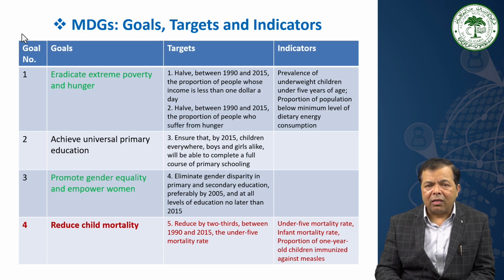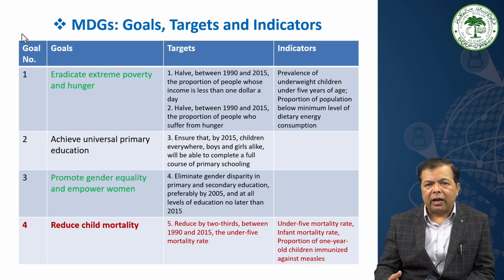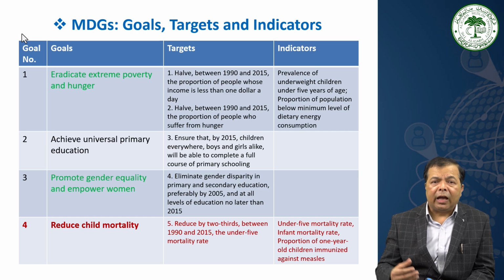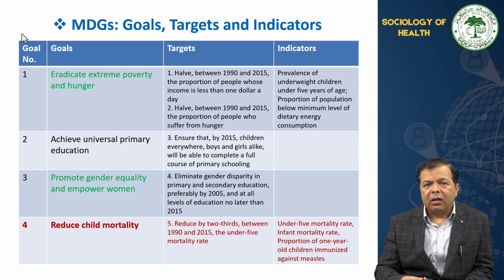Because hunger is something which is endangering life. We talked about hunger and food in one of the previous lectures, and then empowerment of women and gender equality is again very important because that is related to the reproduction of women, the reproductive health of the women, along with the existence of women as individual citizens.